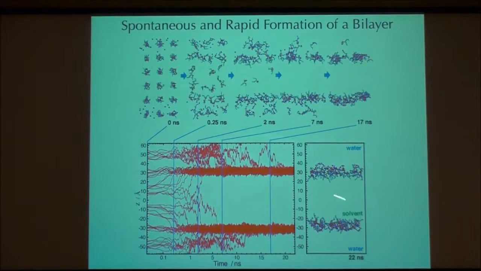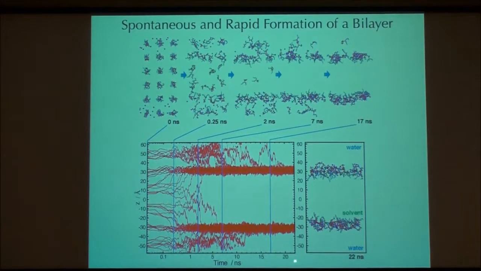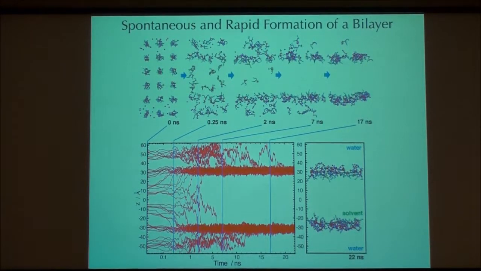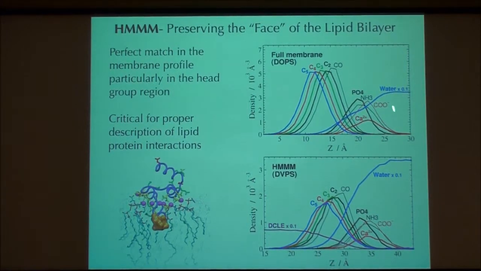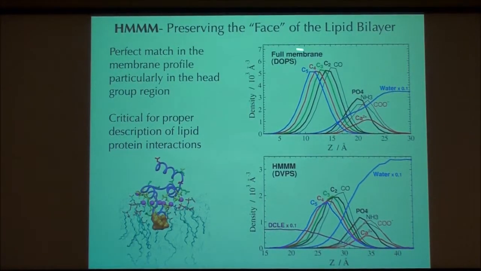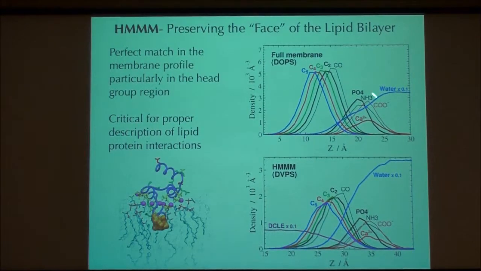This is the same thing that I showed you in that movie. You can see how nicely and how fast lipids converge to the two leaflets in 10-20 nanoseconds using atomistic representations. If you look at the distribution of different chemical groups in the head group region, it matches very closely what you get in a full membrane representation.